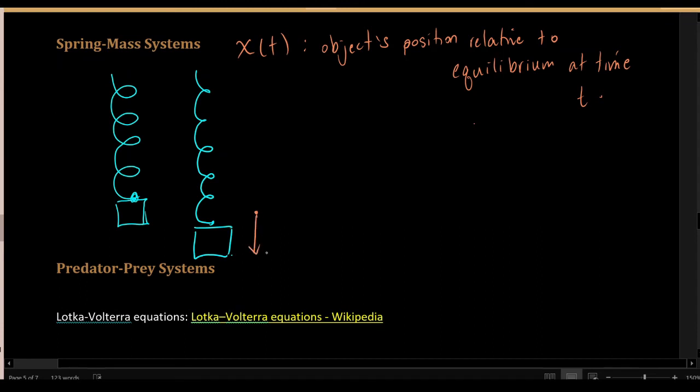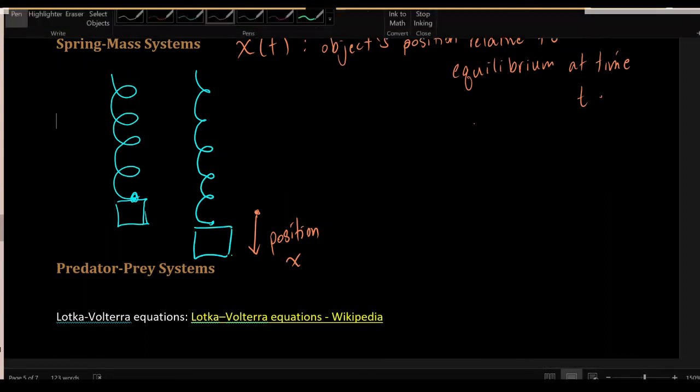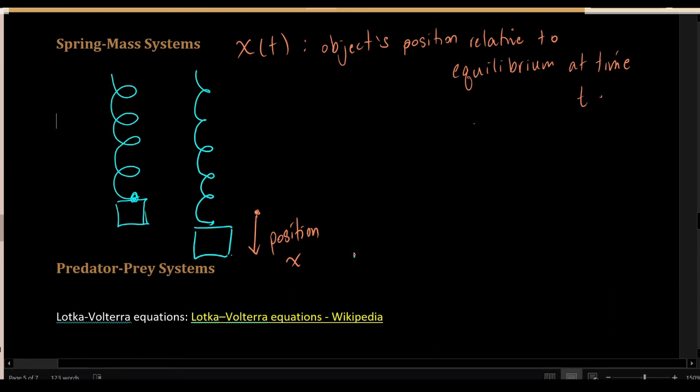And I'm going to change the position of the object suspended from this spring from 0 at rest at equilibrium to a new position called x. As soon as I do that, a force begins to act to try and return the spring mass system to equilibrium.